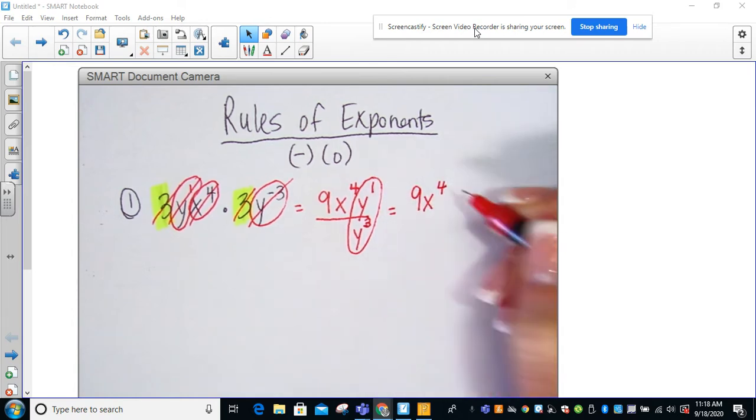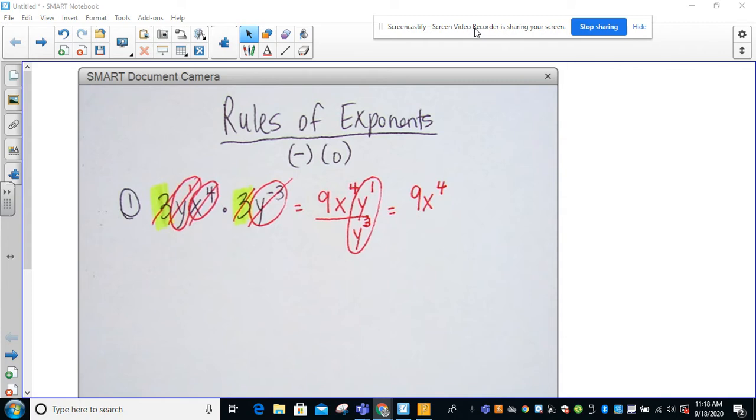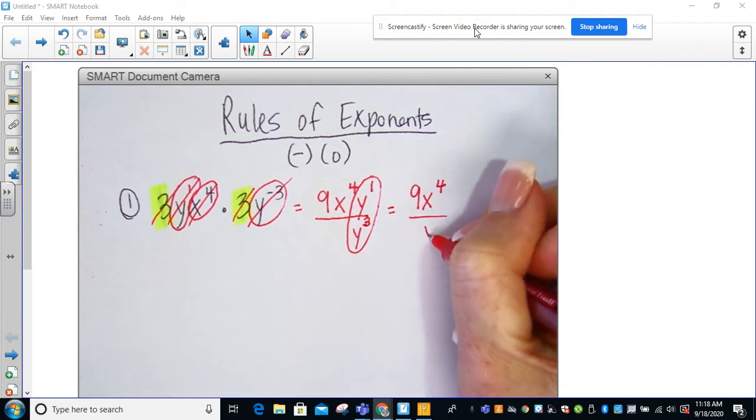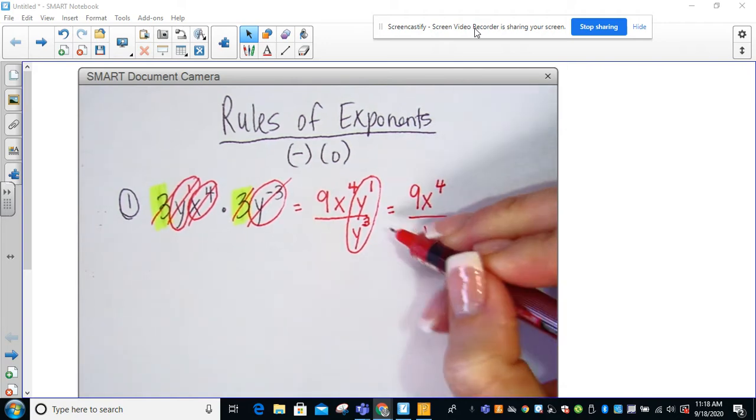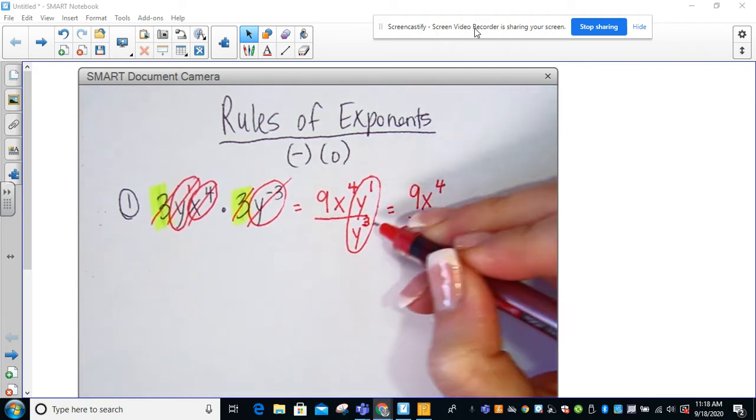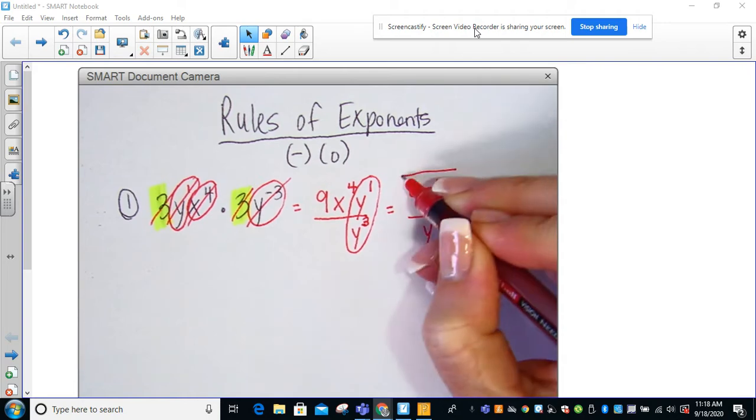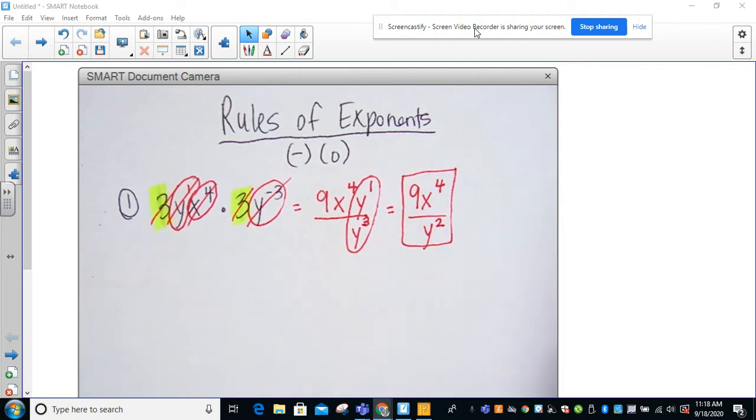So these don't change, but we need to ask ourselves, are there more y's on the top or bottom? There are more y's on the bottom, so the y is going to stay on the bottom. And we ask ourselves, how many more? There's 2 extra. So that is your final answer for number 1.